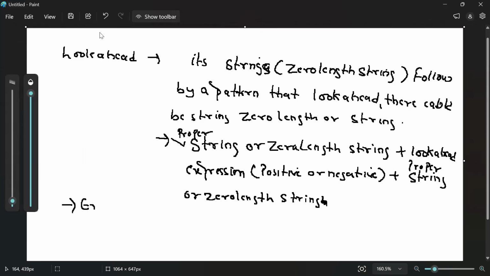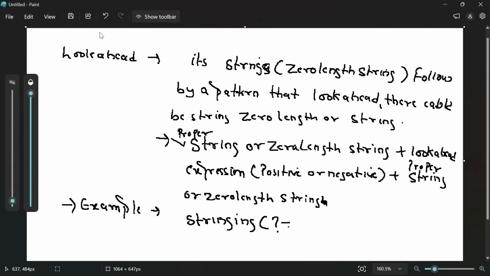So example for this, let's say I have a string called stringing, and then I have an expression here. Expression is a positive expression, let's say question mark. Look around is the depiction of question mark.